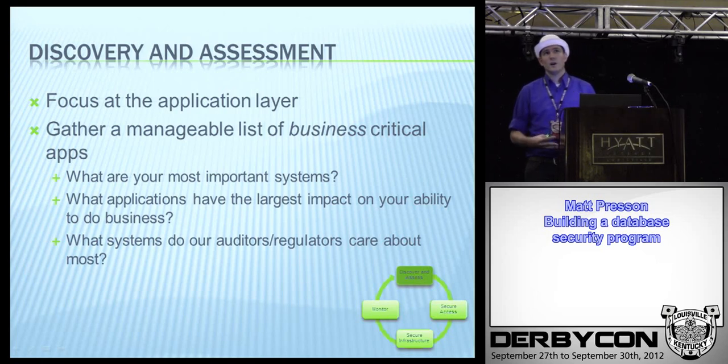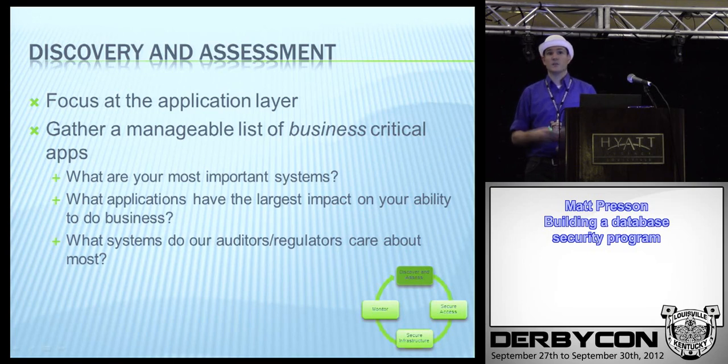When you're trying to figure out what you want to work on first, the key is to focus at the application layer. I know we're talking about databases, but at this point we want to focus on the applications, and that's for a simple reason. The business people that use this data do not think at a database layer. They could care less about the database layer. To them, it's just an anomalous blob.